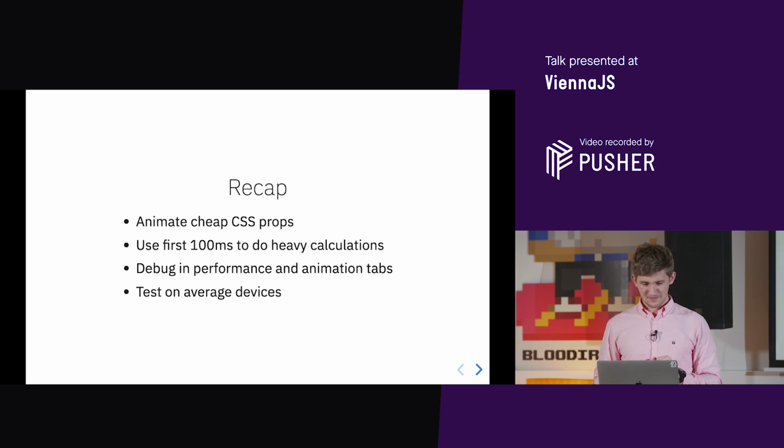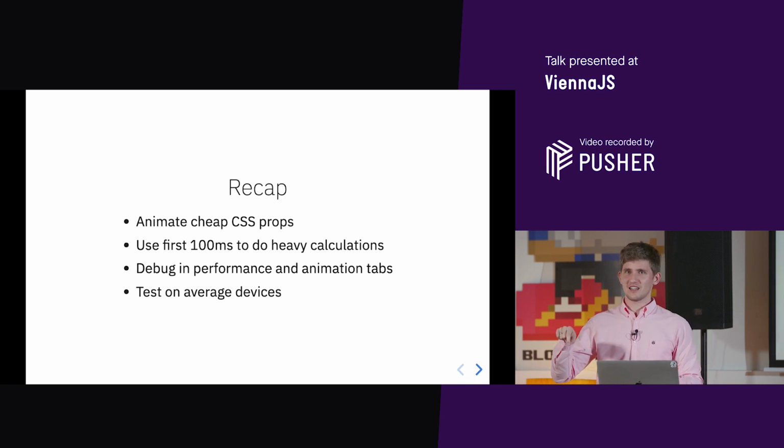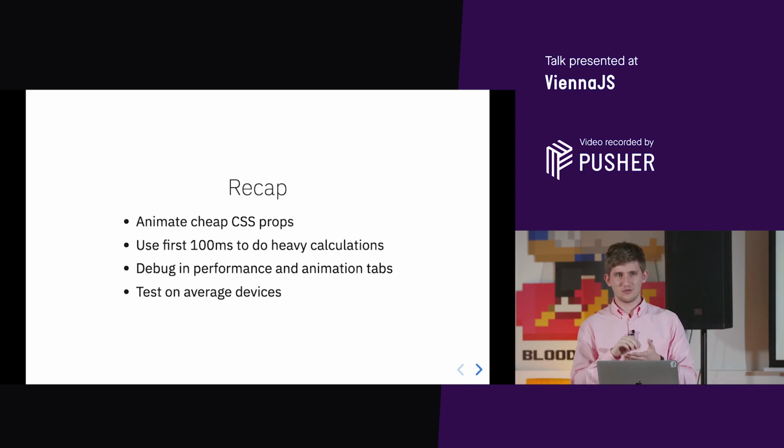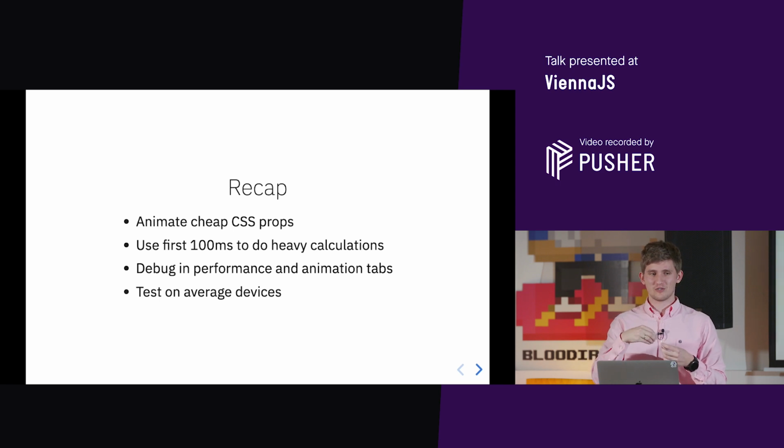So quick recap. Animate cheap CSS properties, like two basically, opacity and transform, really easy. Use the first 100 milliseconds. I write here 100 milliseconds because research says 100 milliseconds, but because the browser takes some time for different things to respond to a user, to actually give JavaScript the rights to answer, you actually have 50 milliseconds.